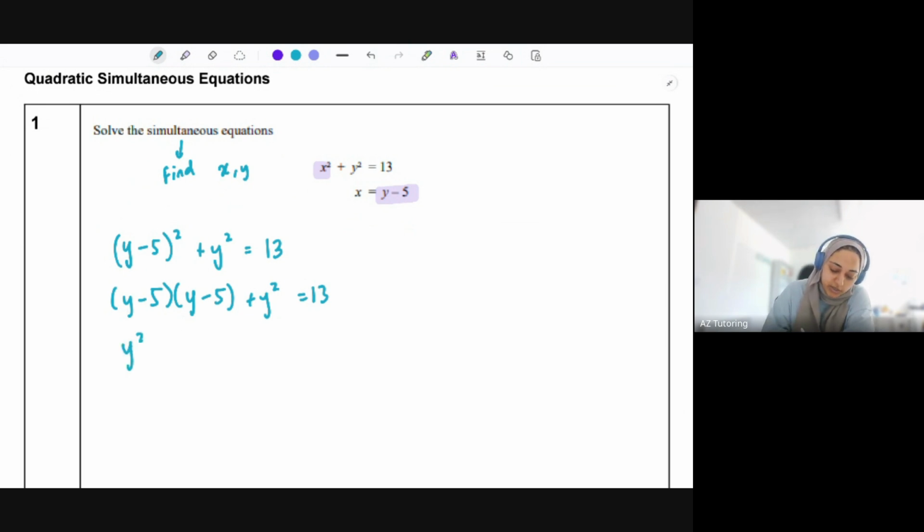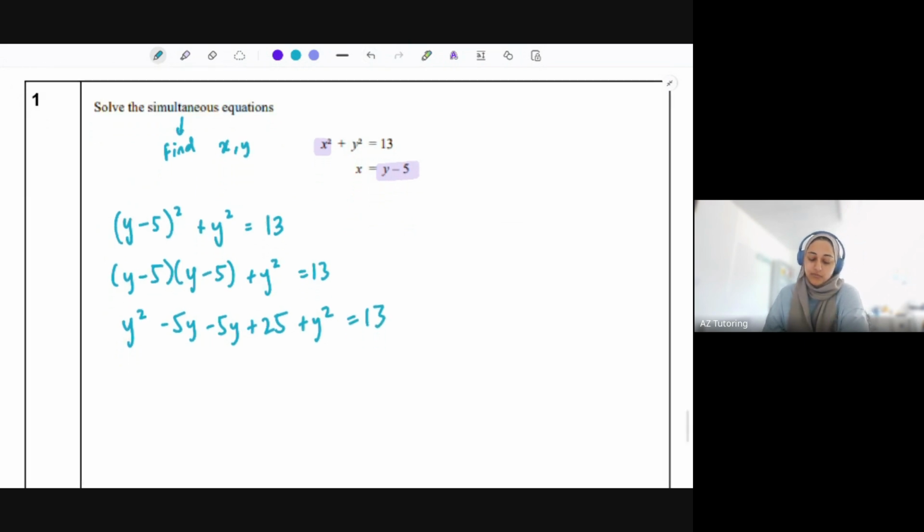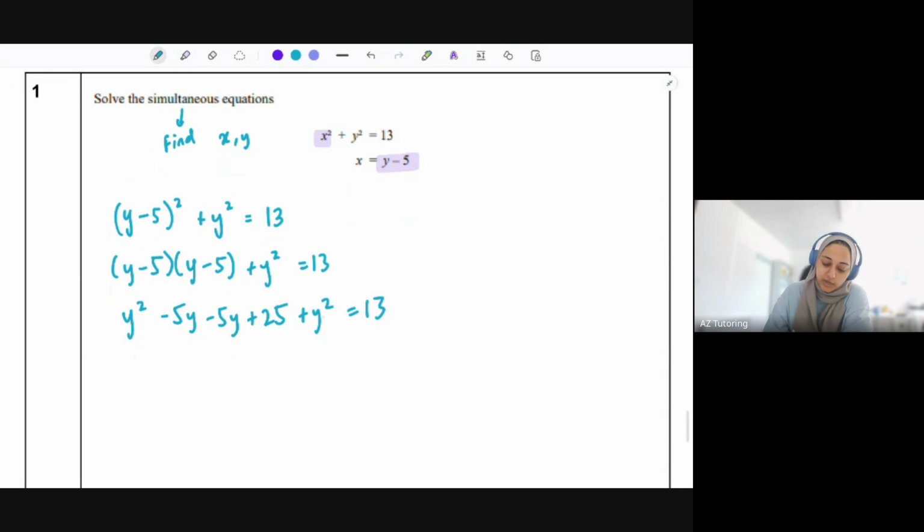Y times y is y squared, y times minus 5 is minus 5y, minus 5y again, and then minus 5 times minus 5 is plus 25. We've got that plus y squared here, and that equals 13. Let's collect like terms. Y squared add y squared is 2y squared, minus 5y minus 5y is minus 10y, plus 25 equals 13.